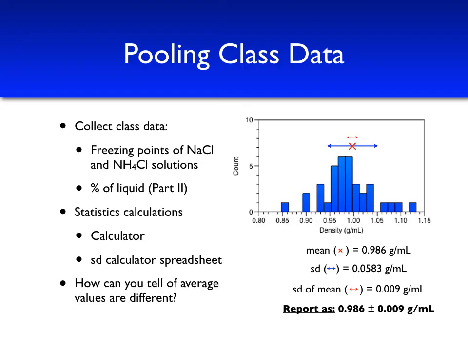However, we want to know what the uncertainty is in our average value. We can do this by taking the standard deviation and dividing it by the square root of the number of trials. We call this value the standard deviation of the mean, which gives us an uncertainty in our average value.